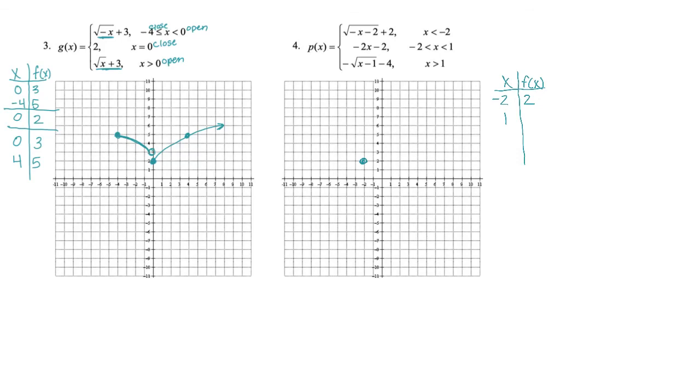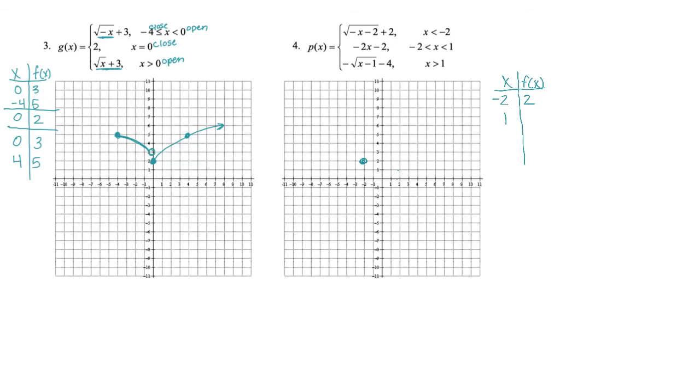So we need something else less than 2. Oh goodness. So let's see, what else can we do? We do know that this is a square root function, and we know that it's been flipped around the y-axis, and it's been moved to the right 2 and up 2, but oh, that's not going to work.